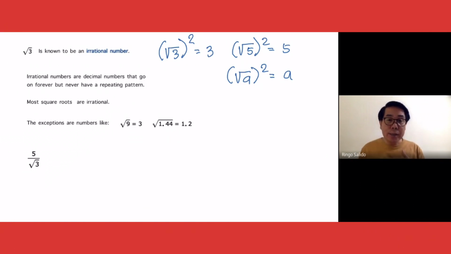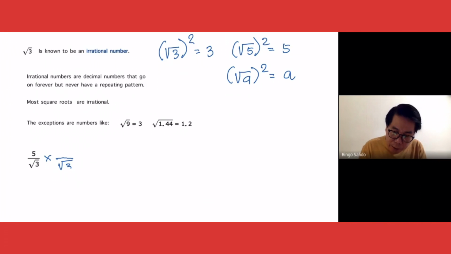So in other words, to make the denominator of 5 over root of 3 into a whole number, we need to multiply the denominator by root of 3. Whatever we do with the denominator, we have to do to the numerator, so that it will not change the value of the fraction.